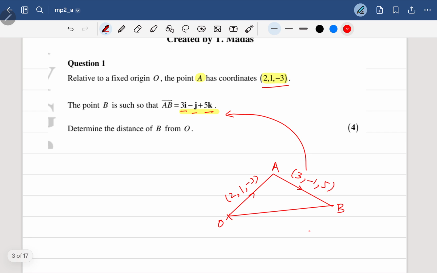So we have to work out the distance of B from O. For that we have to work out the vector OB first, and then we can work out the magnitude of OB, that will be the distance from O to B.